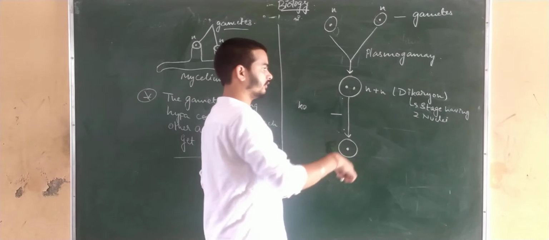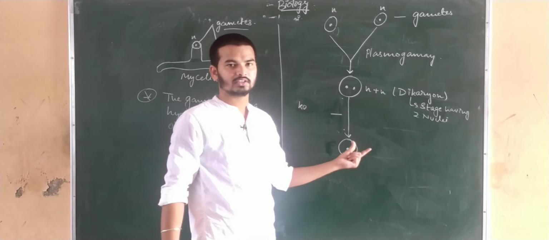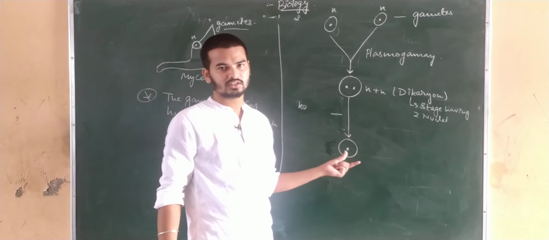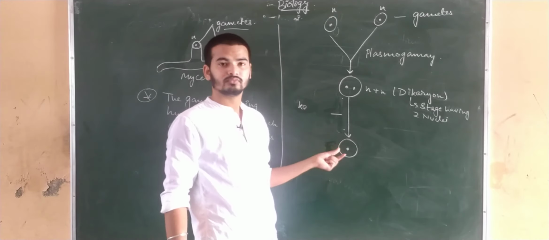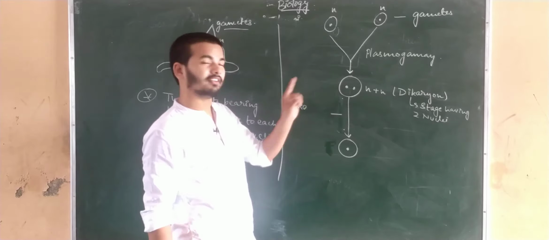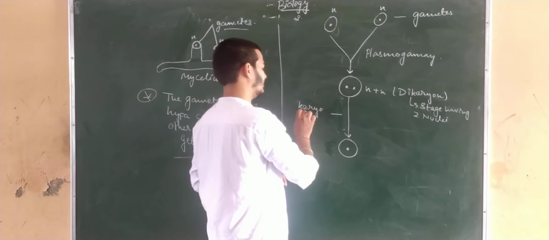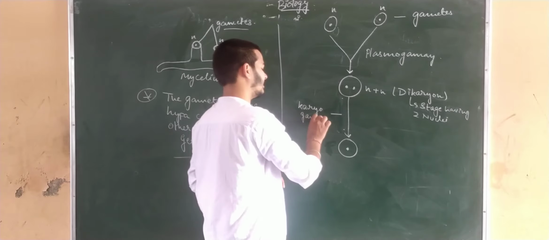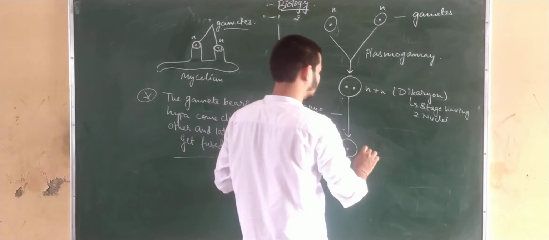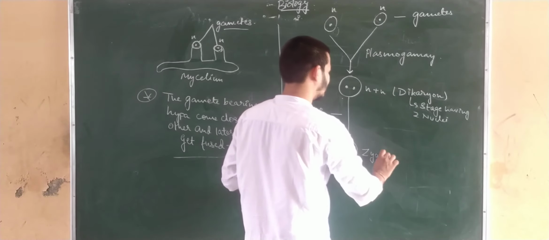But the process of karyogamy, which you are viewing as a very simple step, is not simple. There is a little bit of a twist in this step that I will tell you in a few minutes. First of all, just look at this process in a very simple manner. This is karyogamy. And now because the two nuclei have fused, this is the zygote.